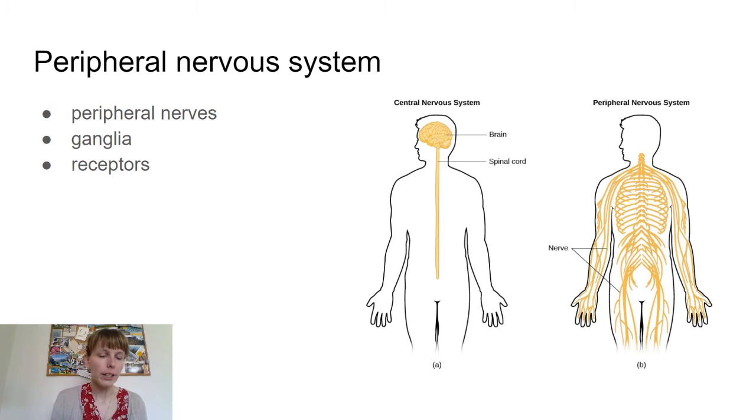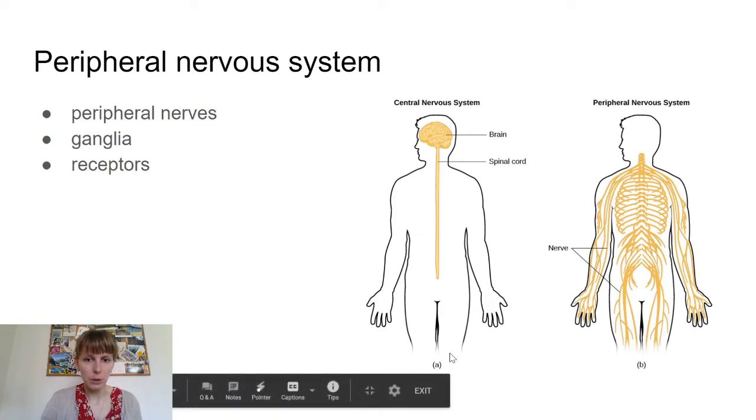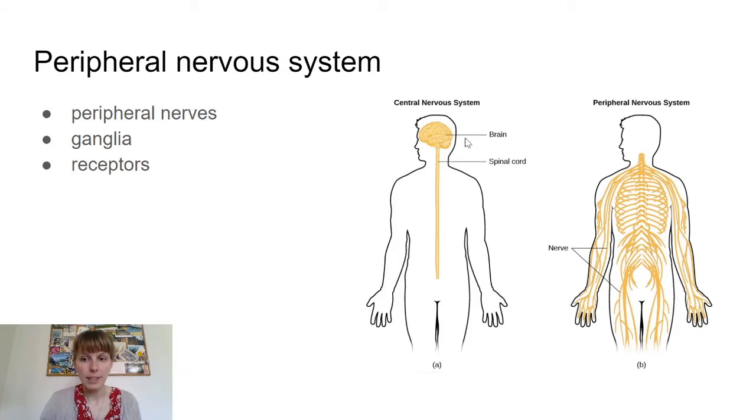Usually the cell bodies are in the central nervous system, and just the processes of the neurons go out into the periphery. However, in some cases, in cases of the autonomic nervous system, you will also have cell bodies of neurons inside the periphery, and they will be called ganglia, the groups of them.